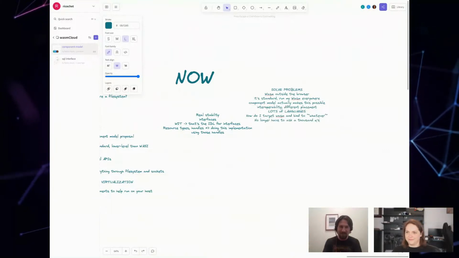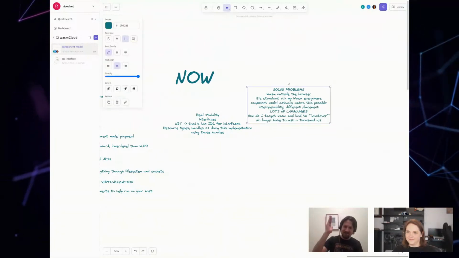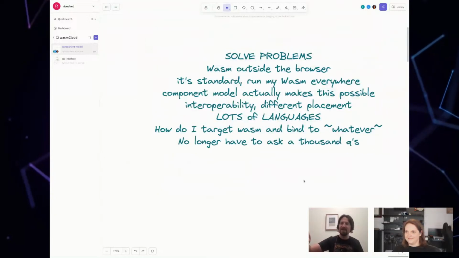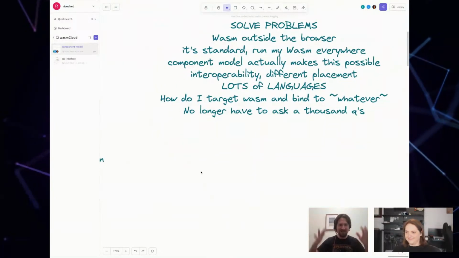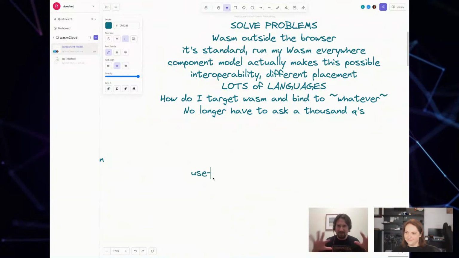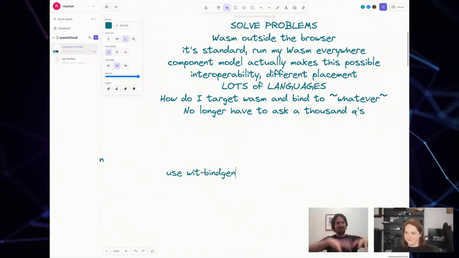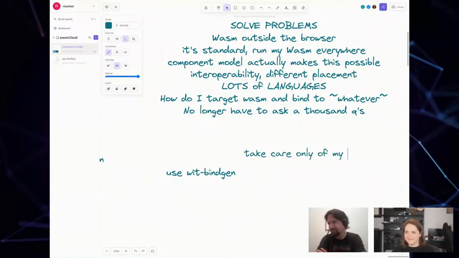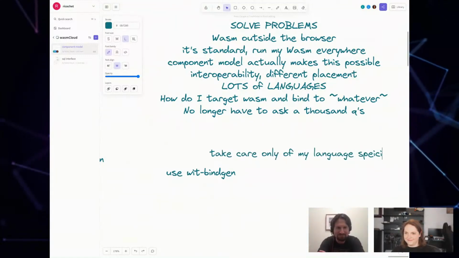Now there's this one thing you target: build the components, bind to WIT, add a WIT bindgen, and you're good. Your language can participate in this ecosystem, and you've done the right amount of work: I've taken care of my language-specific stuff, and I don't have to think about so many different hard problems that we've been working on.